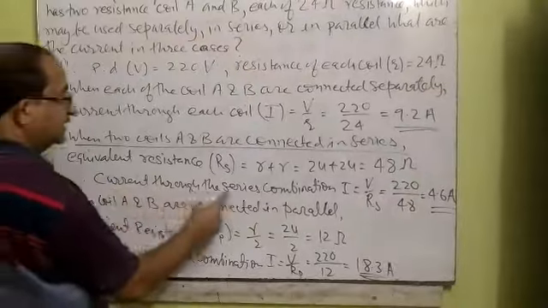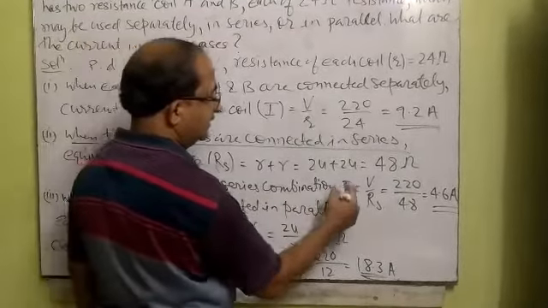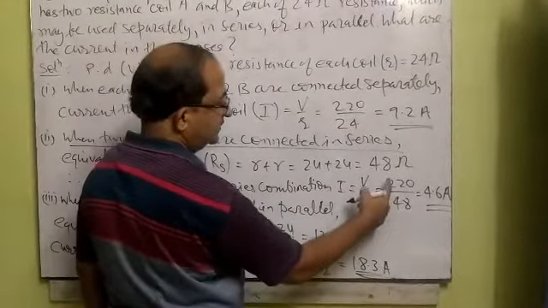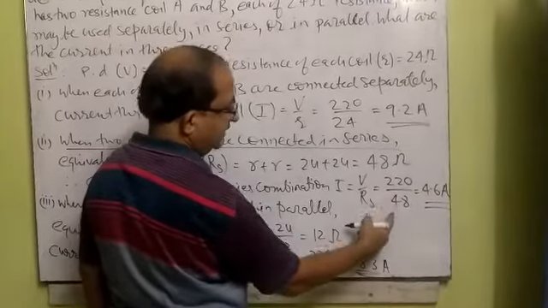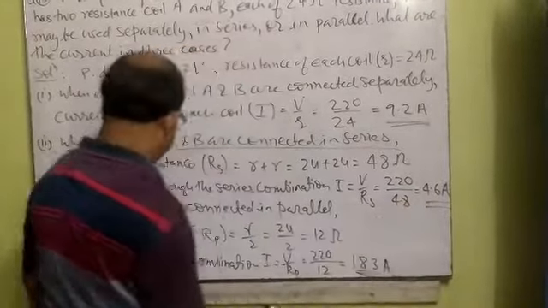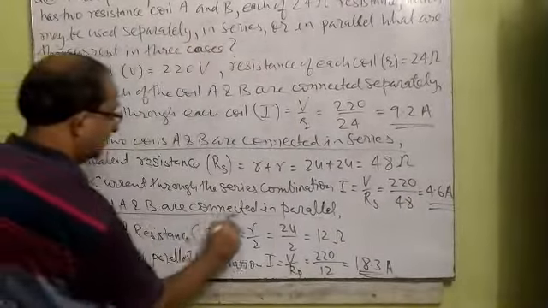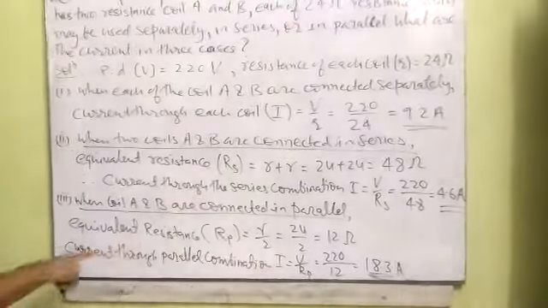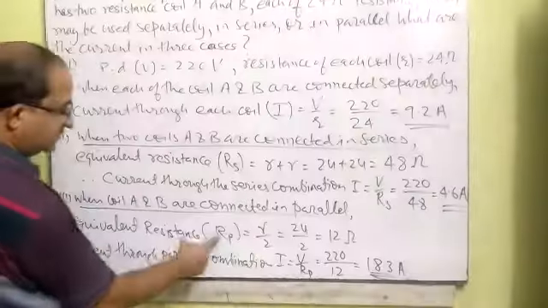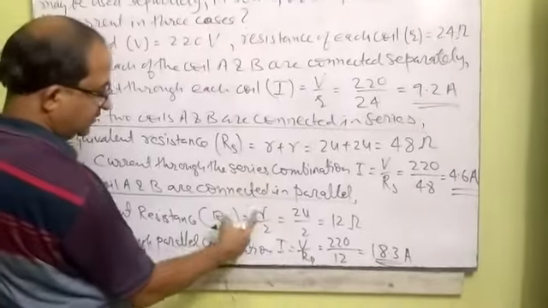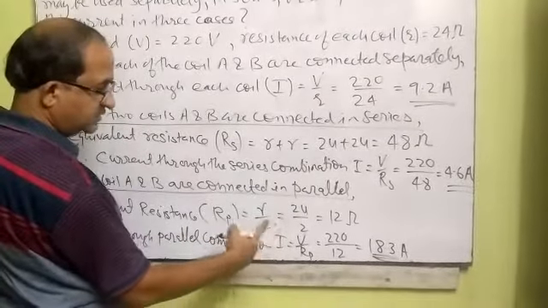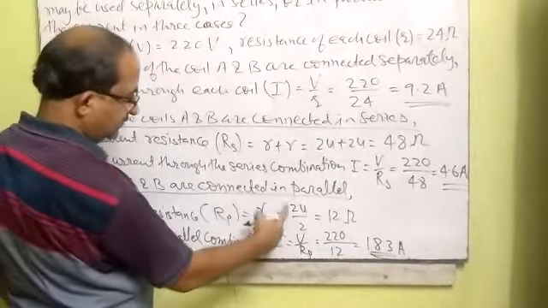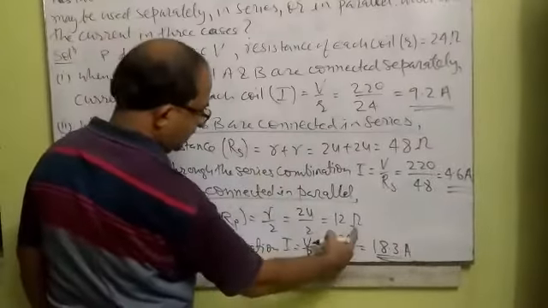In this case, the current through this series combination I is equal to V by Rs, means 220 upon 48, it is 4.6 ampere. Third part, when the coils A and B are connected in parallel, the equivalent resistance in parallel combination can be found by small r by 2, because there are only two resistances of equal value. So 24 upon 2, it is 12 ohm.